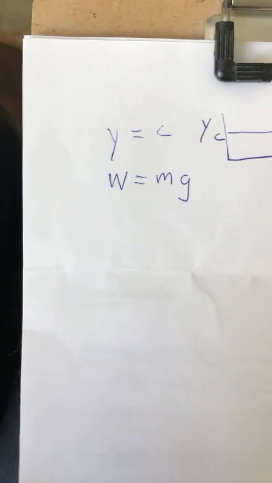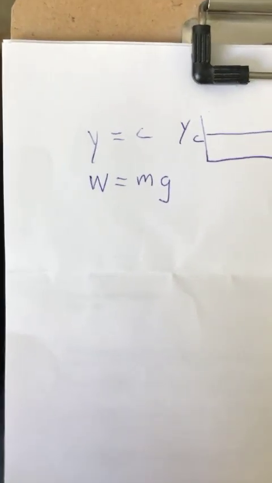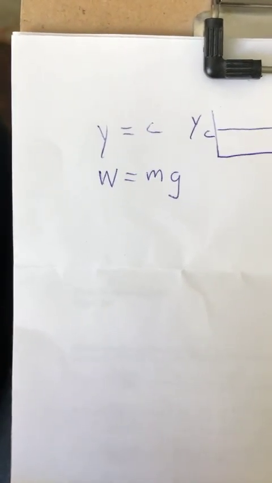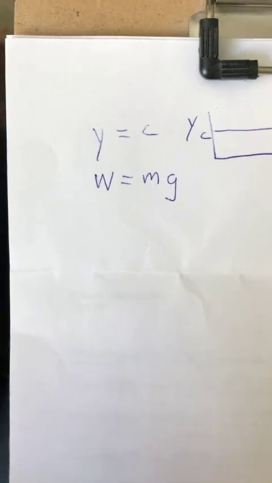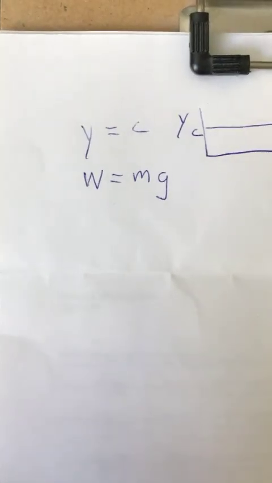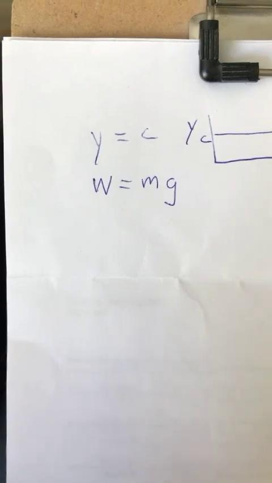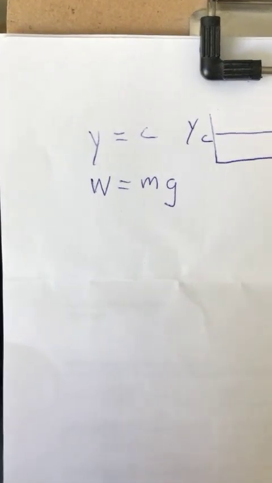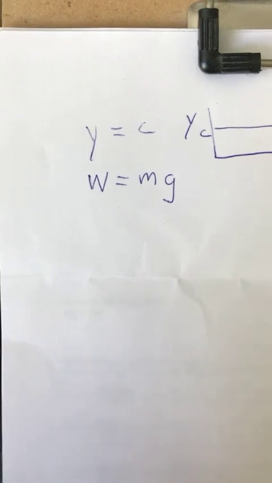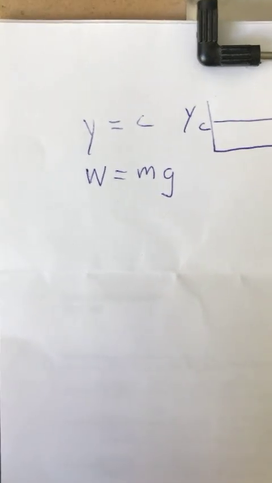So to say something is constant, we need to stipulate the circumstances under which something is considered to be constant. And in this case, we would say, well, as long as we're on the surface of the Earth, approximately, and we don't go up any really tall mountains, then our weight will be constant.